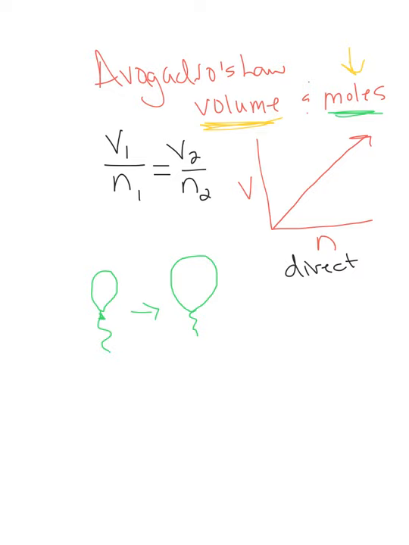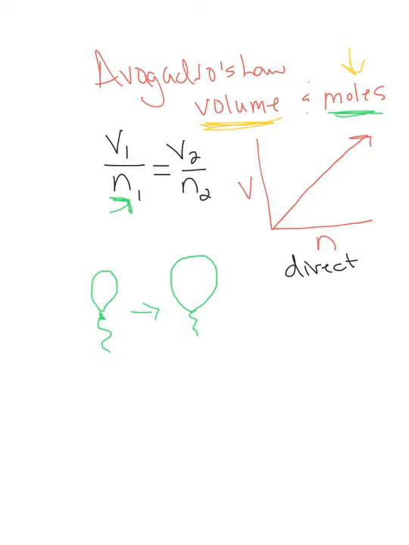If you're adding air to it, which means I'm adding moles, which would be my N, there's more of them in the container, so they're going to try to occupy more space, and therefore the volume of that container, in this case the balloon, is going to increase.